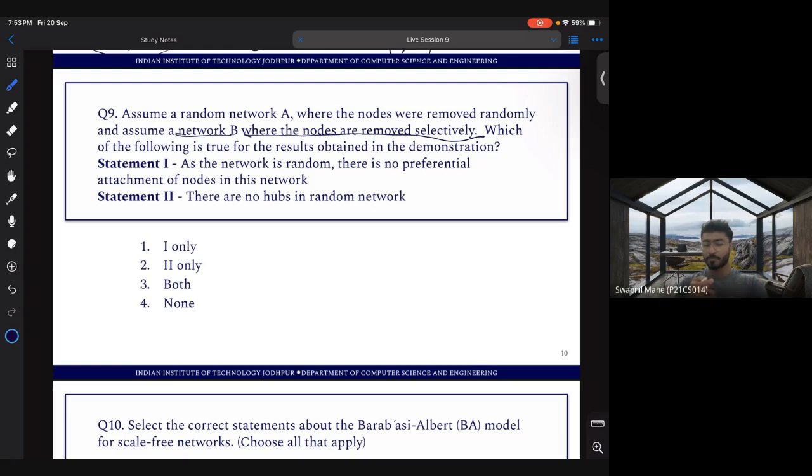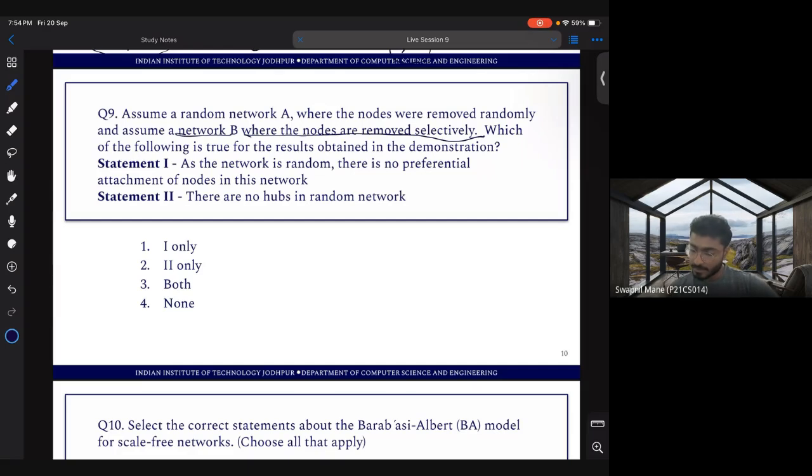Okay, and from network B, we are removing selectively, which means we select the nodes which have higher degrees. This is how we are selecting the nodes, right? So we select some nodes and then delete them from the network. Considering this scenario that I have just explained, let's find which statement is correct.